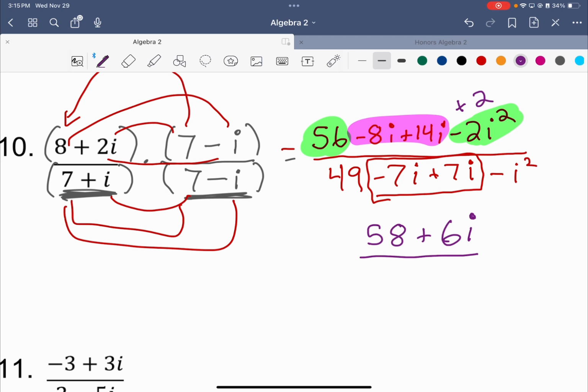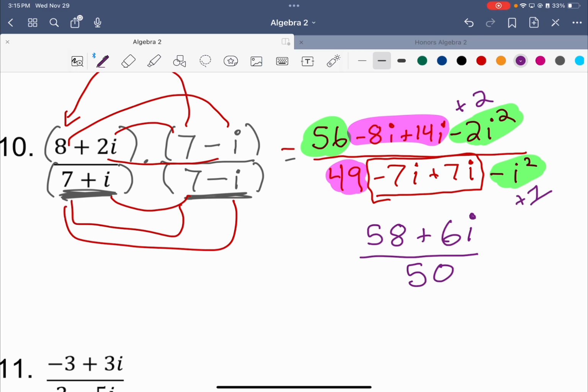In our denominator, we've got 49. We also have negative i squared. Negative i squared is the same thing as minus negative 1, so it's actually the same thing as plus 1. 49 plus 1 is 50.